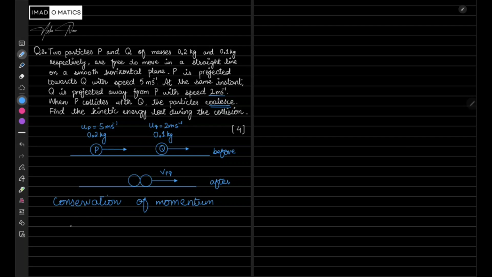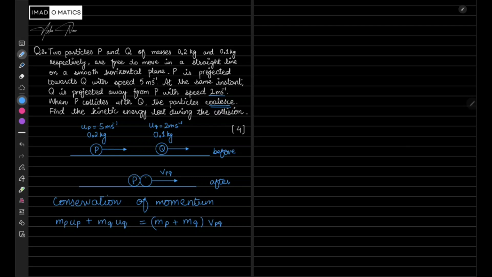So let's take that M1, in this case, we took it to be MP. So MP UP plus MQ UQ is equal to, instead, because they coalesce, MP plus MQ and whole velocity V, that we may call VPQ.